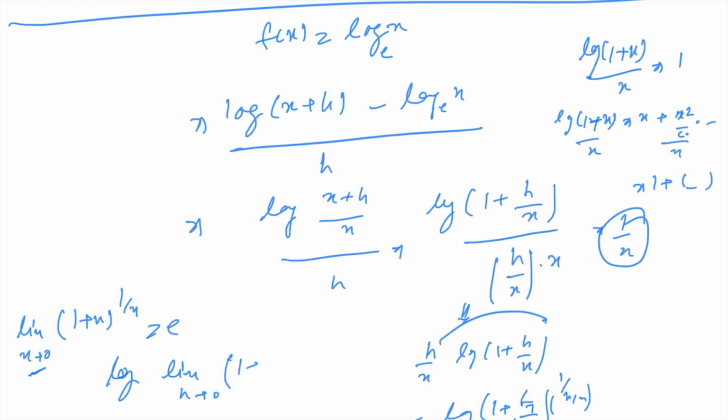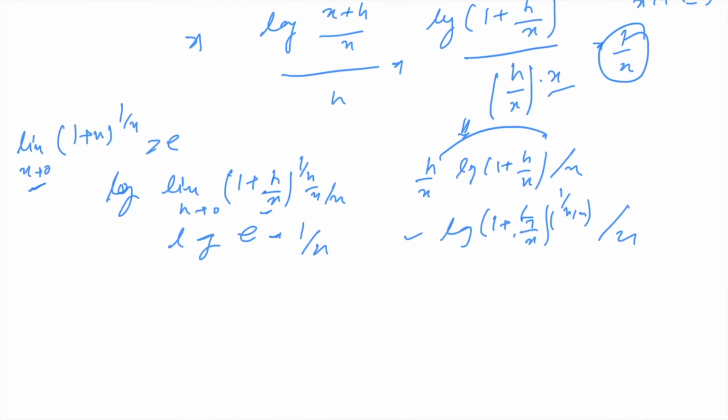We can write (1 + h/x) to the power 1 by (h/x), and since h by x is tending to 0, it will become e, and then log e becomes 1, and there was 1/x remaining here all the time, so it becomes 1 by x. So we can write d/dx of log x base e becomes 1 by x.